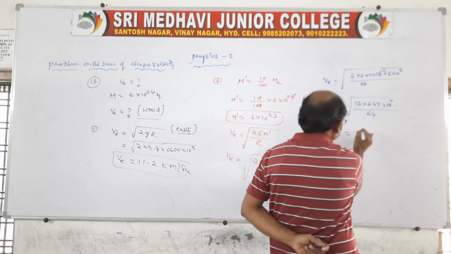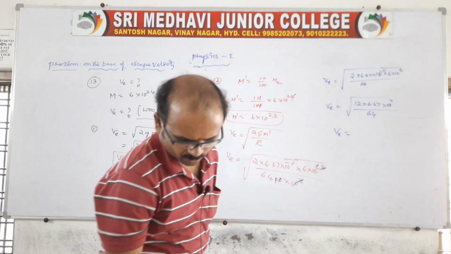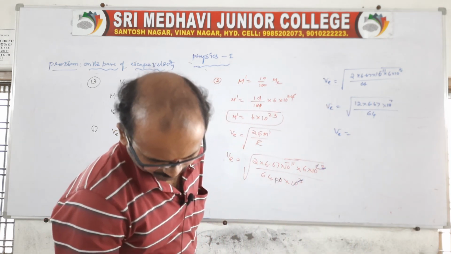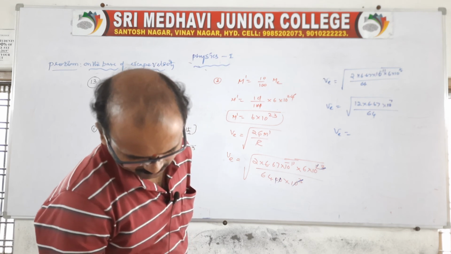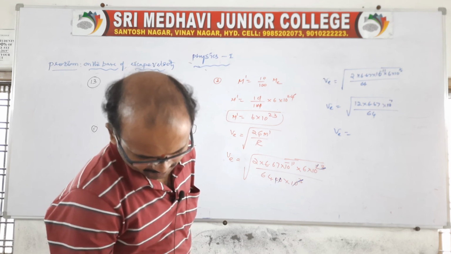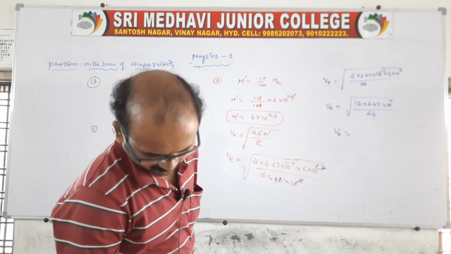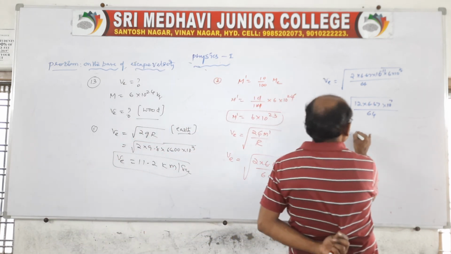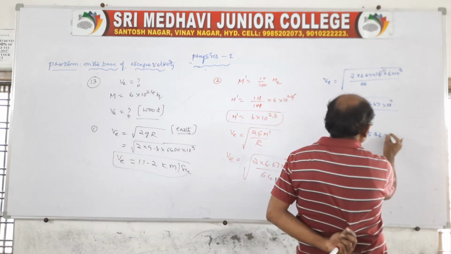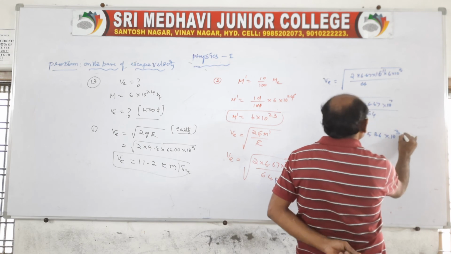If I take this, we get approximately 3.536 × 10^3 meters per second.